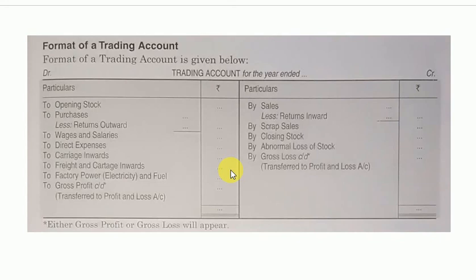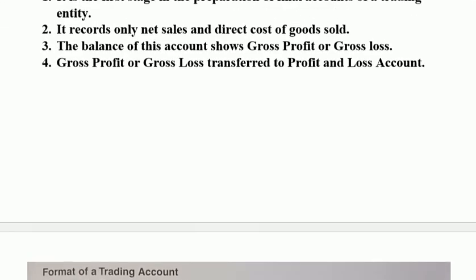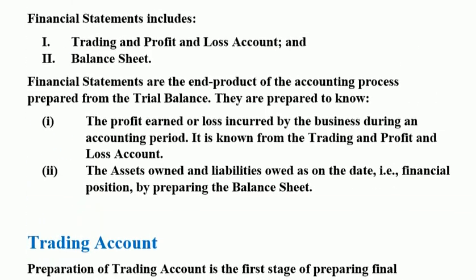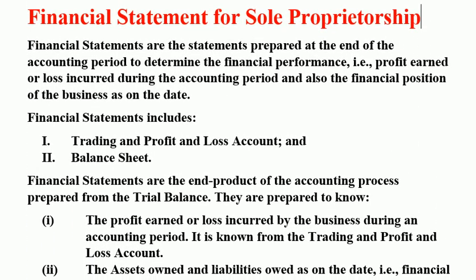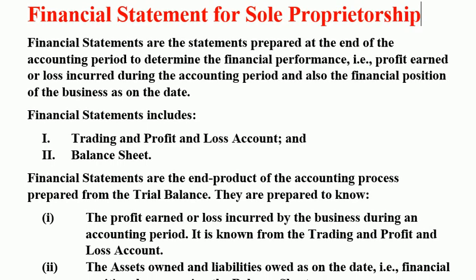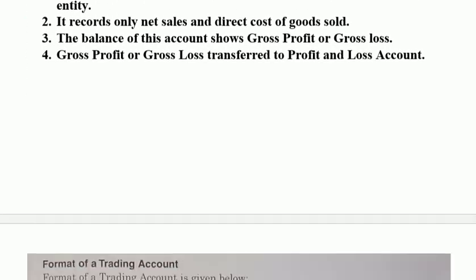And the main motive of preparing trading account is to find out the gross profit or gross loss of an organization. So after discussion of this topic, I hope you all have understood the concept of trading account and the financial statement, that is the end result of an organization, and about practical concepts we'll discuss in our online classes.